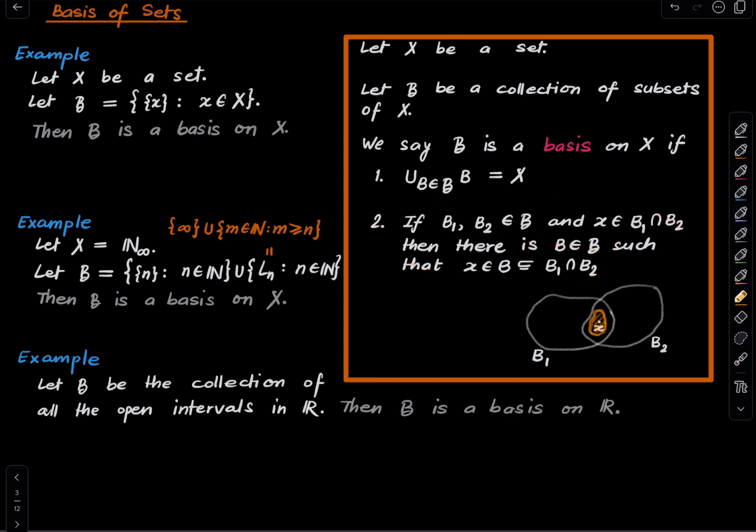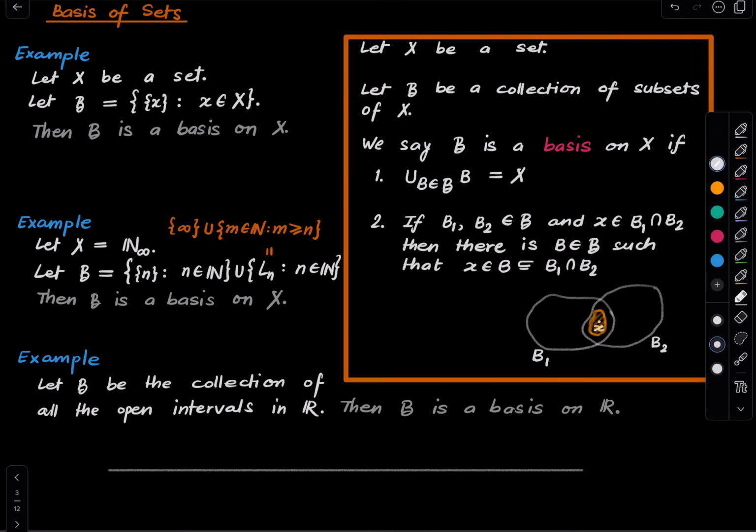Let me draw a picture. So we have all the real numbers, and let's say we have two intervals which intersect. So here is an interval, I'll draw it in a more emphatic manner this way, and we have another interval.